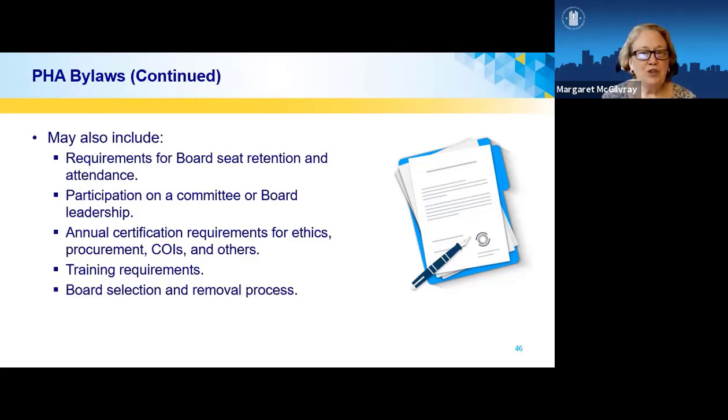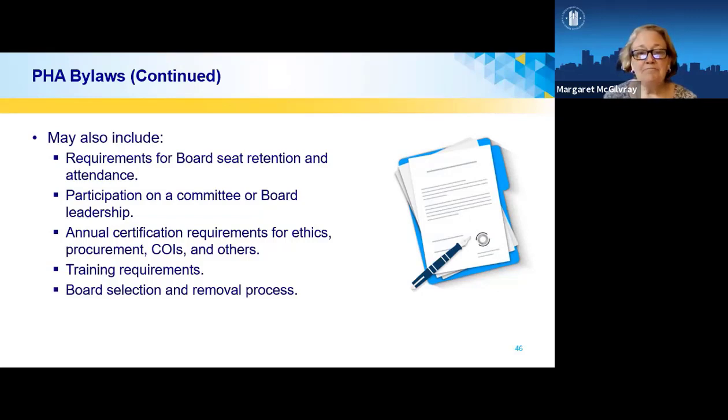That's information about circumstances that might cause a commissioner to be removed, particularly around attendance, which seems to be, in some cases, a challenge. Sometimes that's specified by state law, but I don't believe, at least in North Carolina and South Carolina, it is.